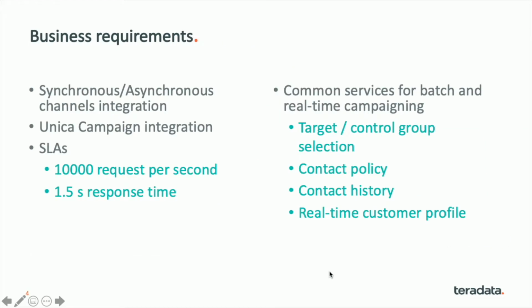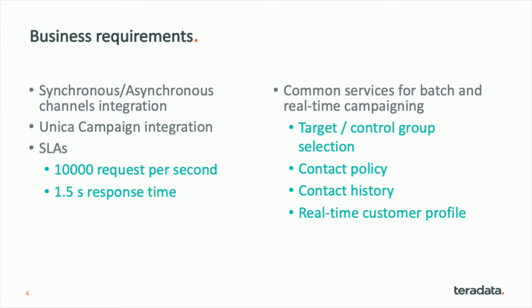So based on our project, we have the following business requirements: synchronous and asynchronous channels integration, I'll speak about it a little bit later. Unica campaign integration, IBM Unica, I mean. Common interfaces for batch and real-time campaigning. What is a common interface? Not only real-time campaigning works with our servers, other services also work with our servers.